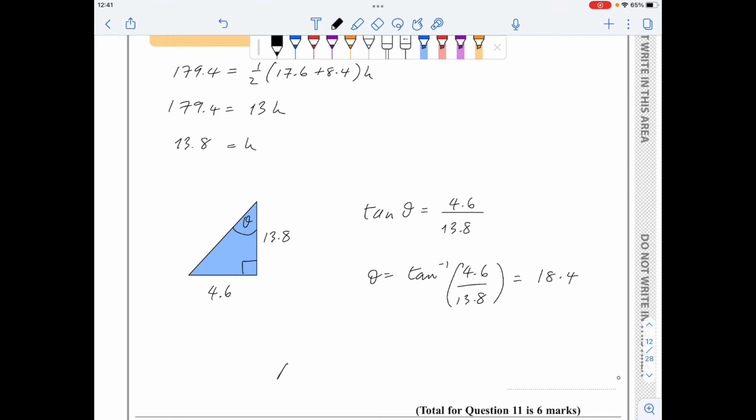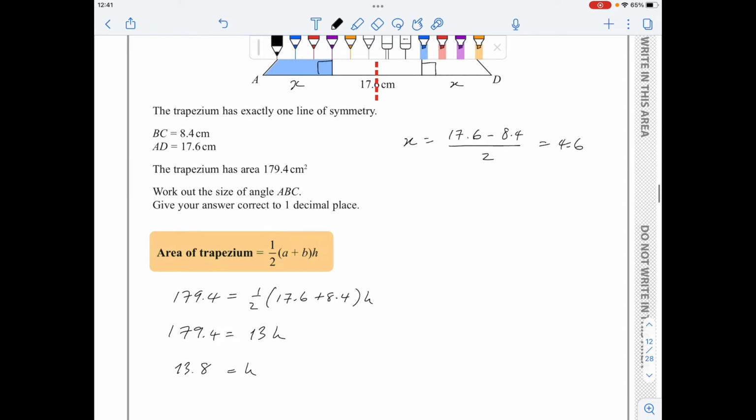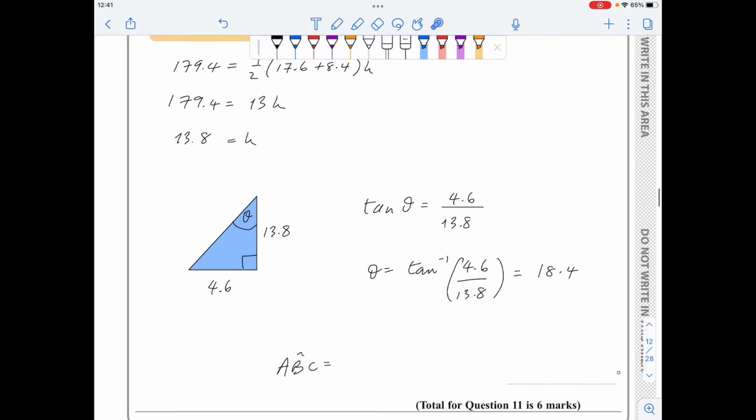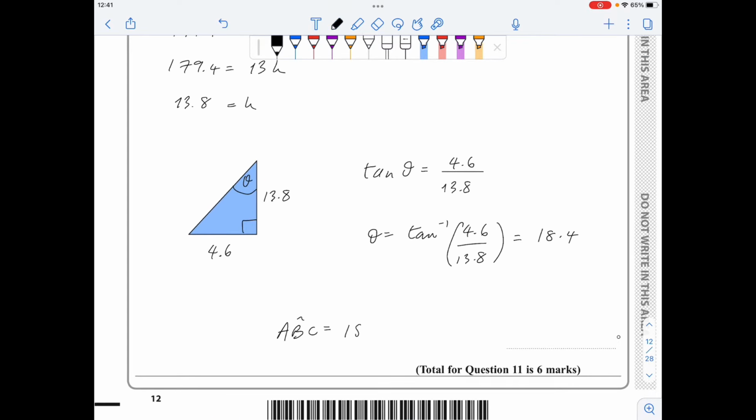So to find angle ABC, I will need to find this angle here, which is 18.4 plus 90. So let's write this down, 18.4 plus 90, which gives me 108.4 degrees, which is my final answer.